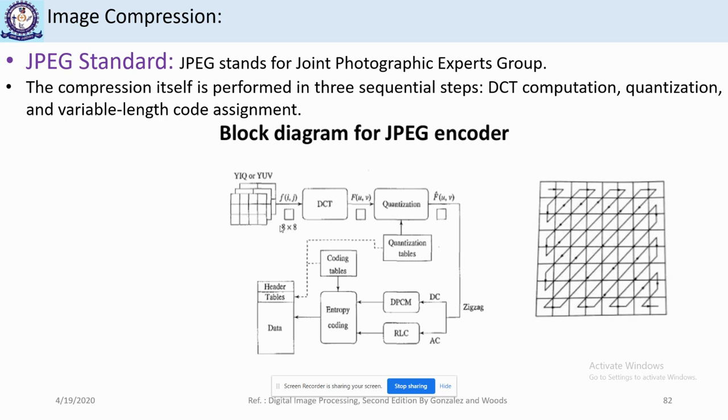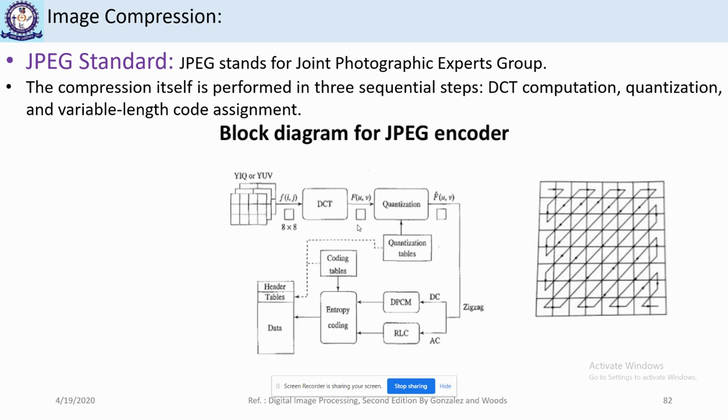So 2 raised to the power n minus 1, that is 7, will be equal to 128. So from all the coefficients, 128 will be subtracted. Now on those coefficients, we perform the 2D DCT. After that, we will get the DCT coefficients over here.